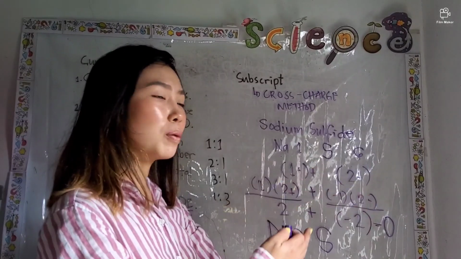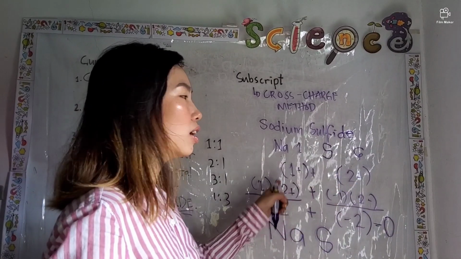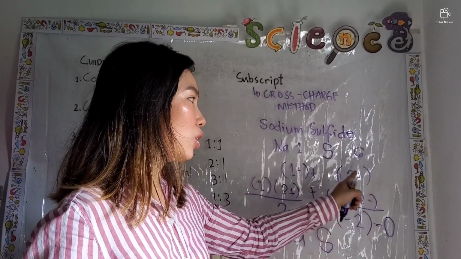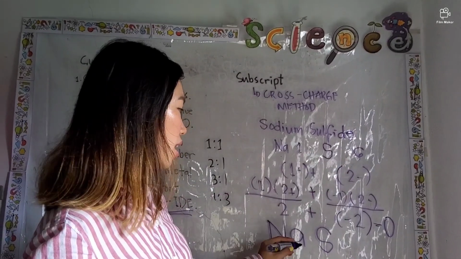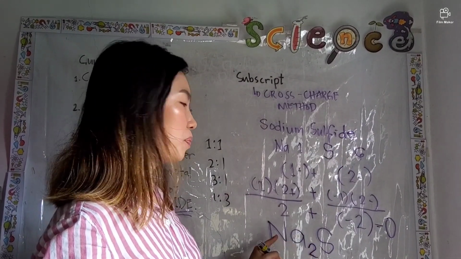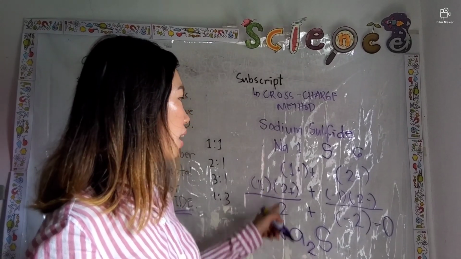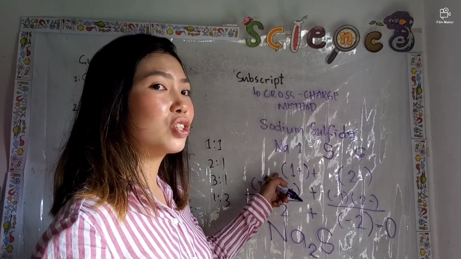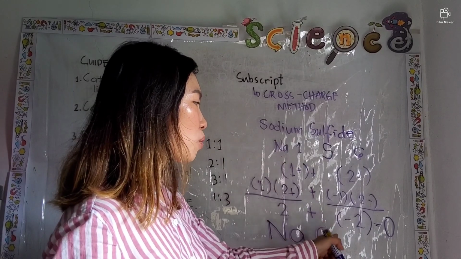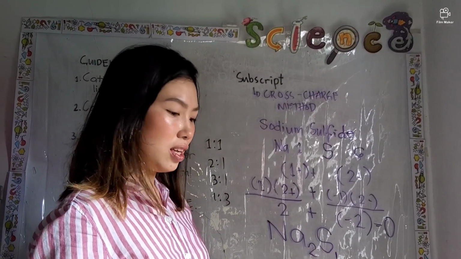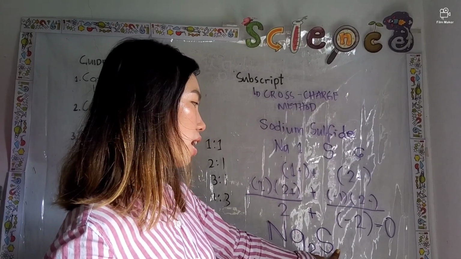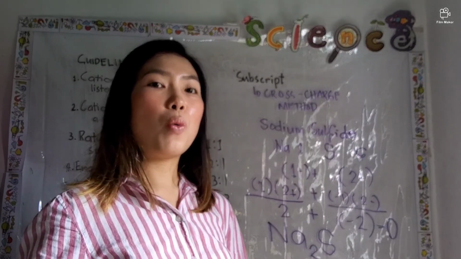Dahil pinagpalit mo ng pwesto ang kanilang charges, yung 2 ng sulfur ay mapupunta sa subscript ng sodium, at yung 1 na charge ng sodium ay mapupunta sa sulfur na 1, pero ang 1 ay hindi na isinusulat, kaya hindi mo na ilalagay dyan ang 1.